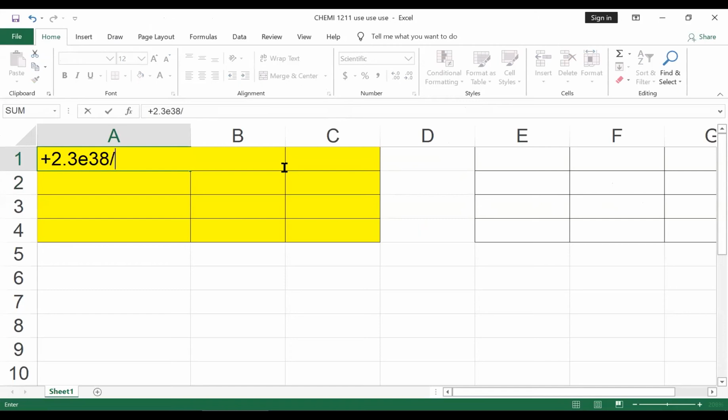There's my first number, Avogadro's number, hit enter, and this is the number I get. And you should round that off to 2 significant figures.